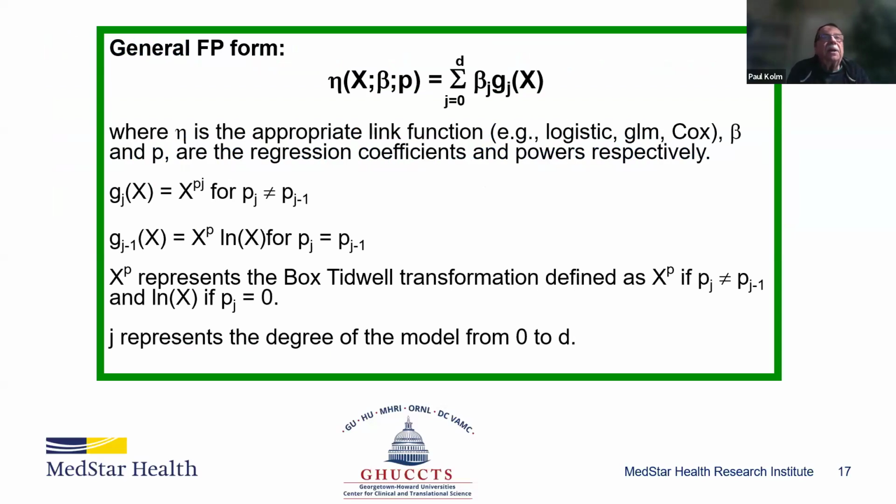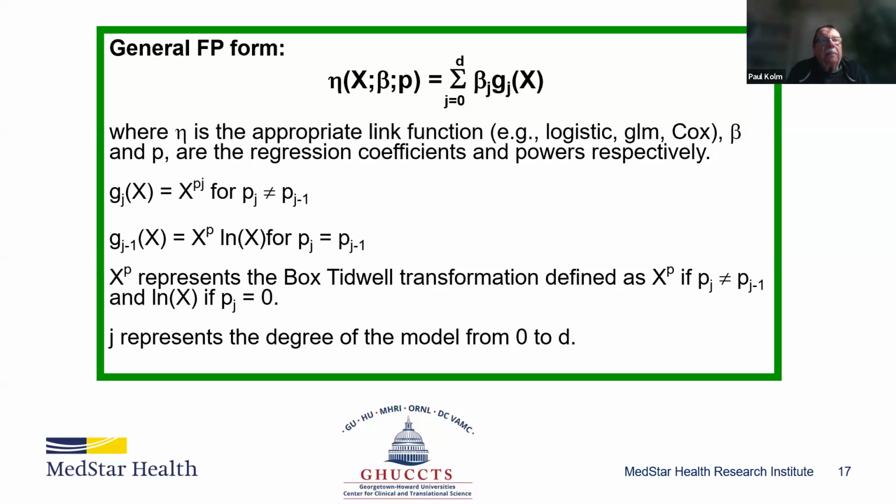And we have a set of independent variables, X, a set of regression coefficients, beta, and then P is the powers. The idea here is that the G sub X is raised to a power, which is the P. That's actually should be a sub J.